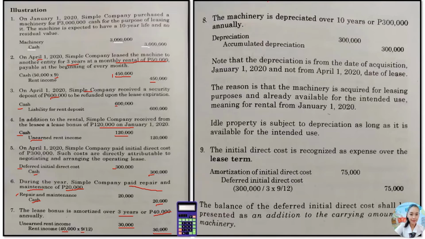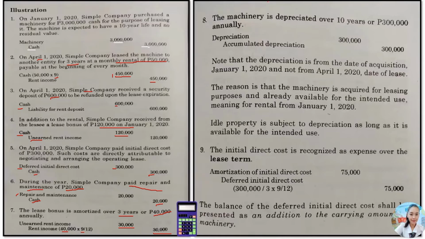So the record of Simple Company for the lease bonus received is debit lease bonus 30,000, and then credit rent income 30,000.